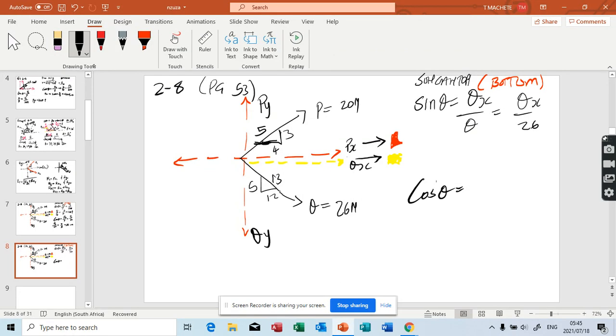Then qx, okay, 5 over 13. That's correct.